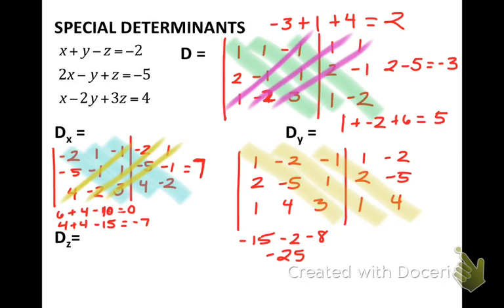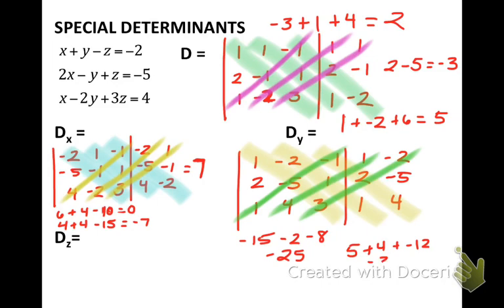Going in the other direction, it gets me plus 5, plus 4, plus negative 12. So 9 and a negative 12 gets us a negative 3. So negative 25 minus a negative 3, which would really be plus 3, gets us negative 22.